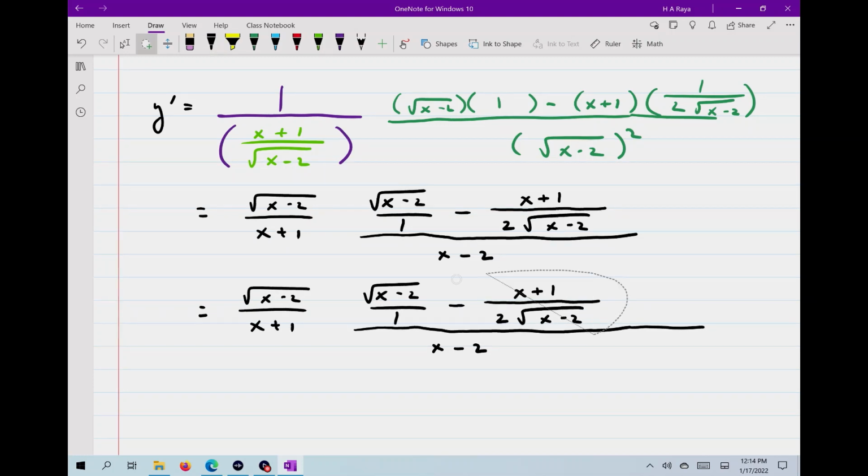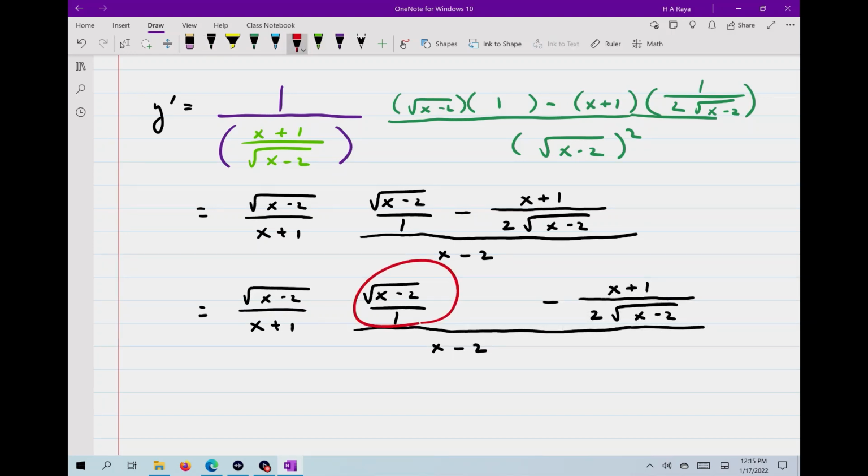So what I'm going to do is multiply the top and the bottom of this term by 2 radical x minus 2. So now I have two terms that have the same denominator, and I can add them the old-fashioned way, just adding fractions.